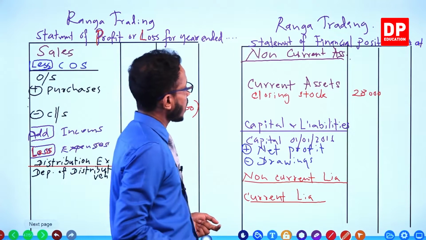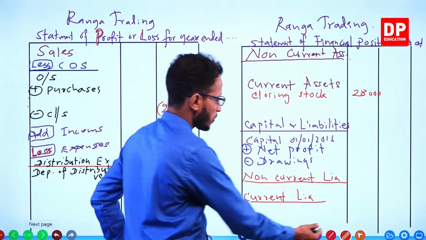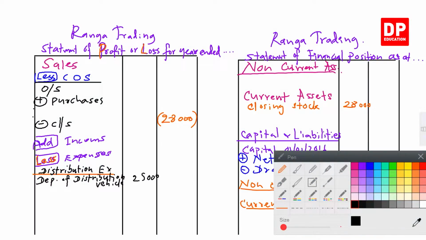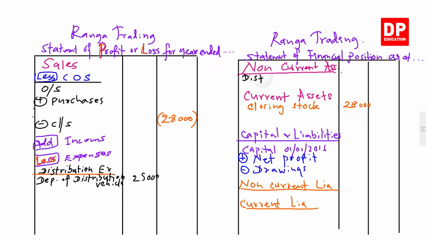Under non-current assets, first of all, distribution vehicle. Cost is this column. Second column is accumulated depreciation column.